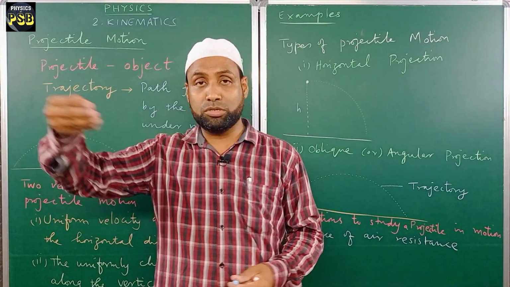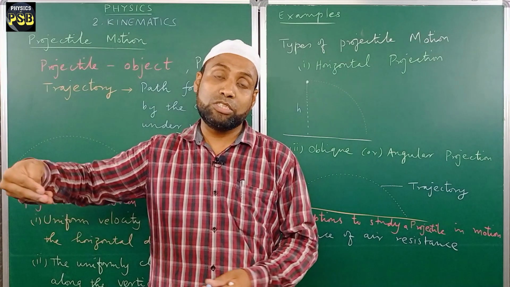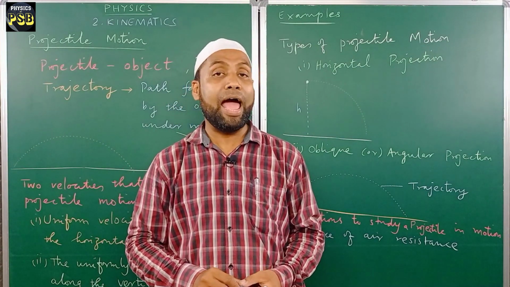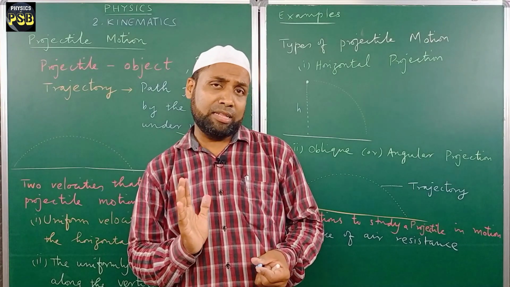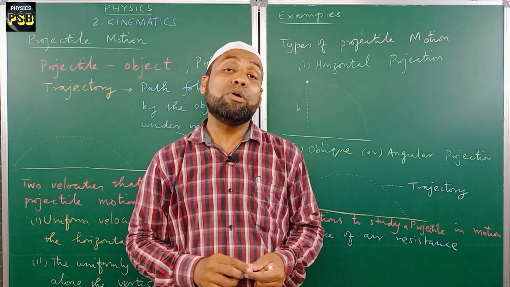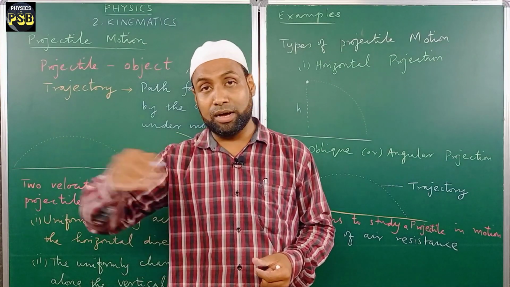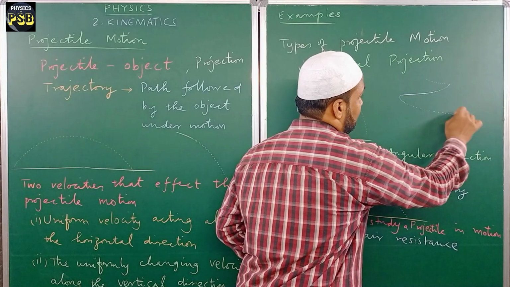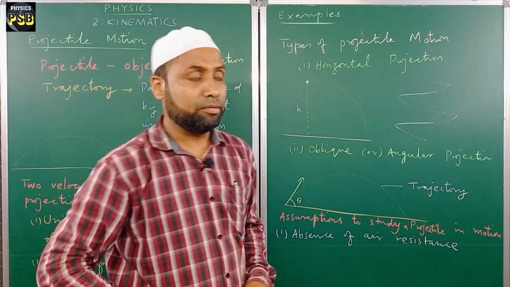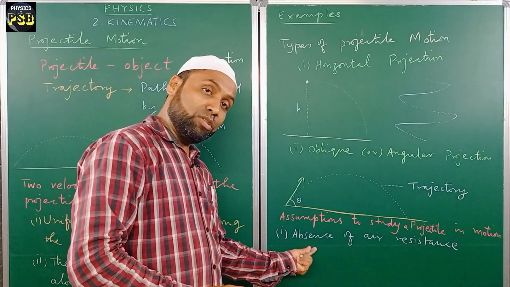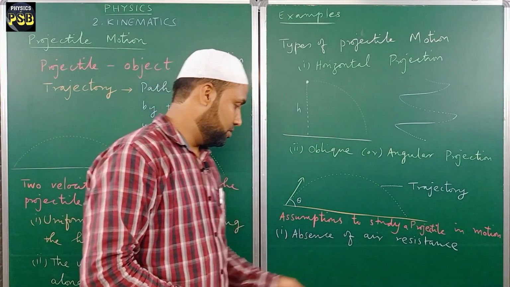It moves in a wavy pattern slowly and then falls on the ground. This is due to the presence of air in the surroundings, which opposes the movement of the feather. So here we assume the absence of air resistance.